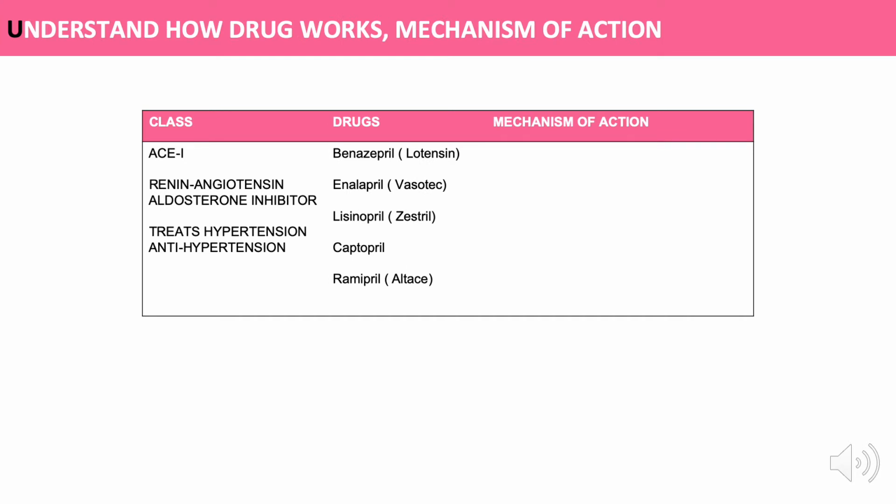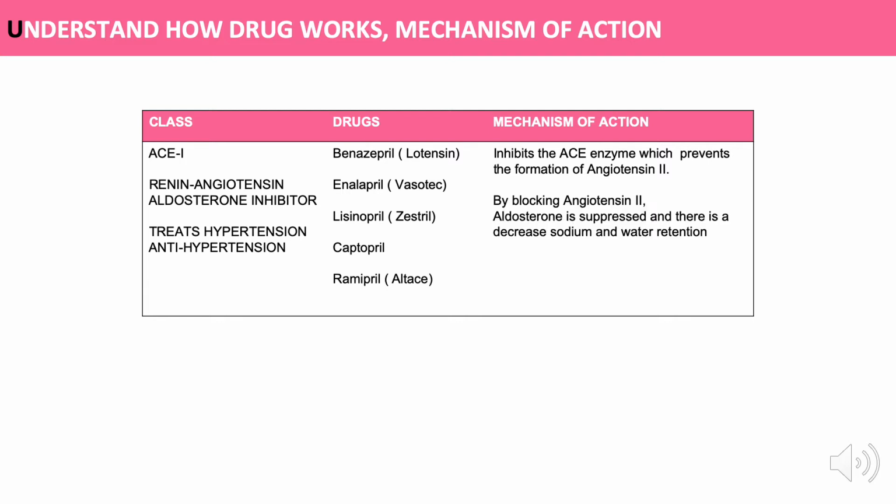U stands for understanding how the drug works or the mechanism of action. So ACE inhibitors, they inhibit the ACE enzyme, which prevents the formation of angiotensin 2. Now, if we block angiotensin 2, what happens is we are also blocking aldosterone.